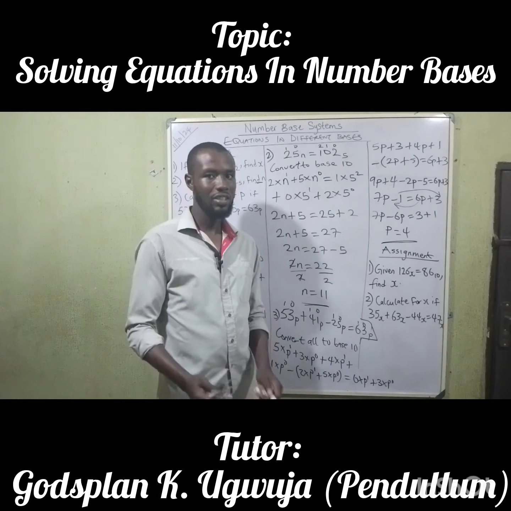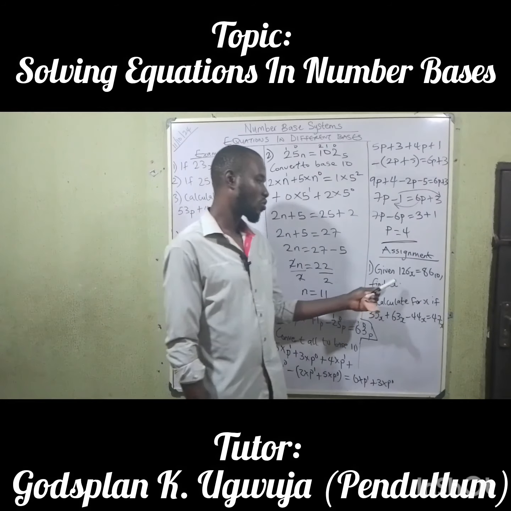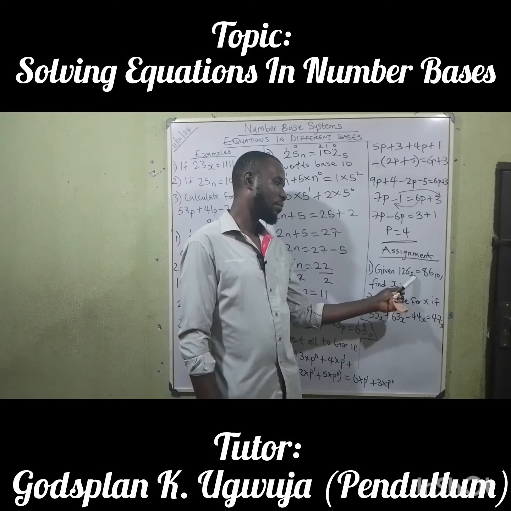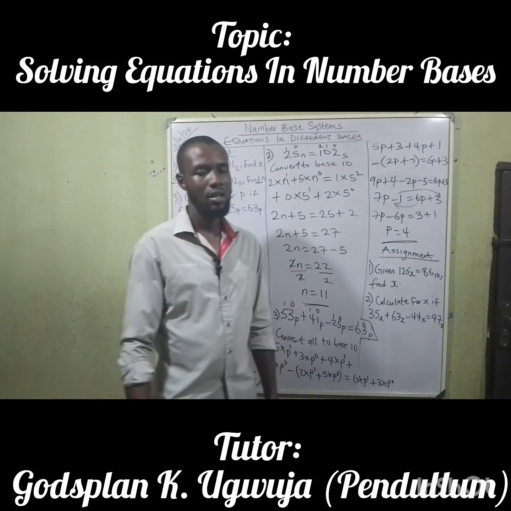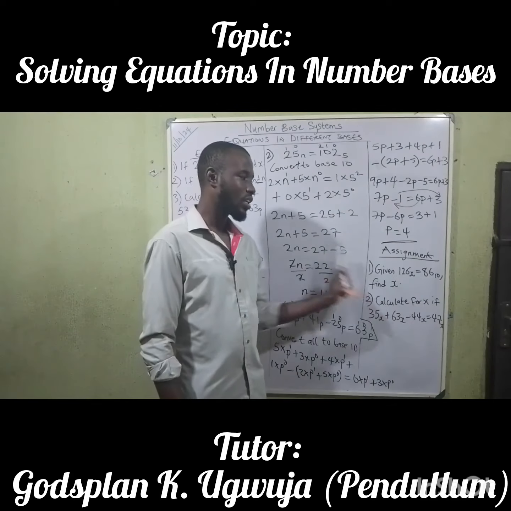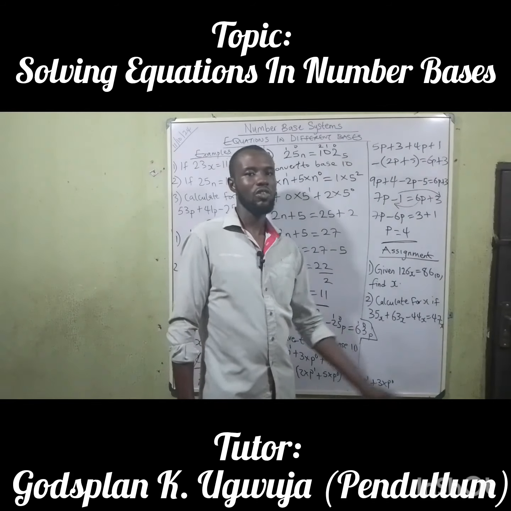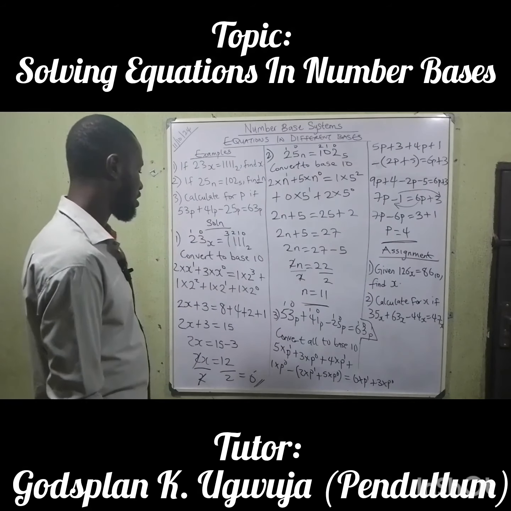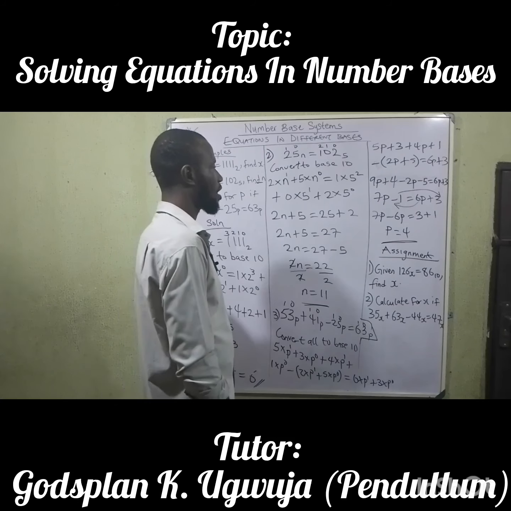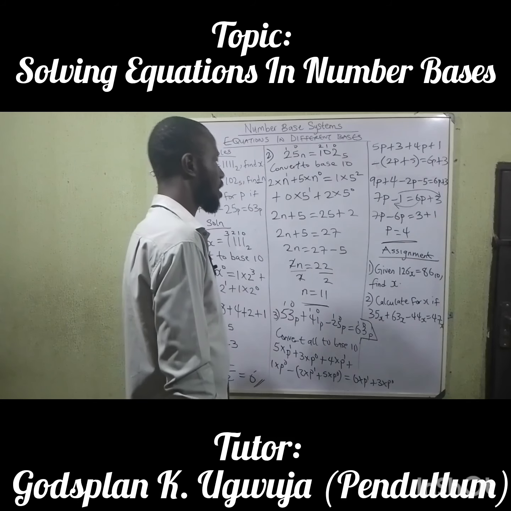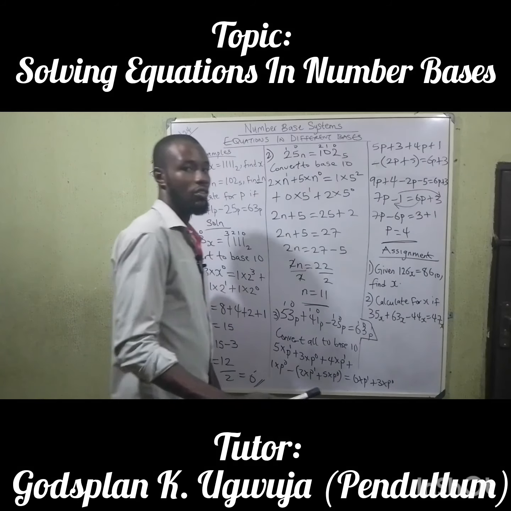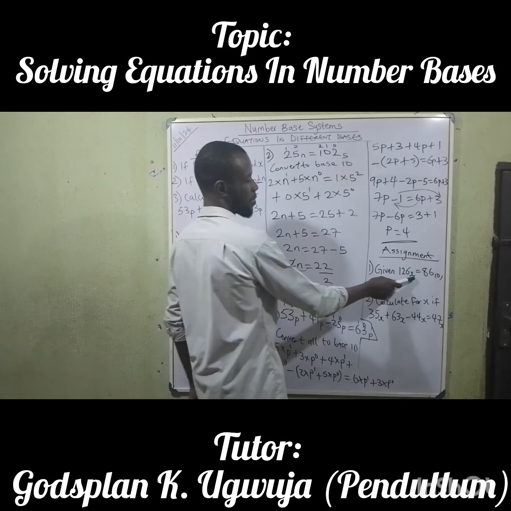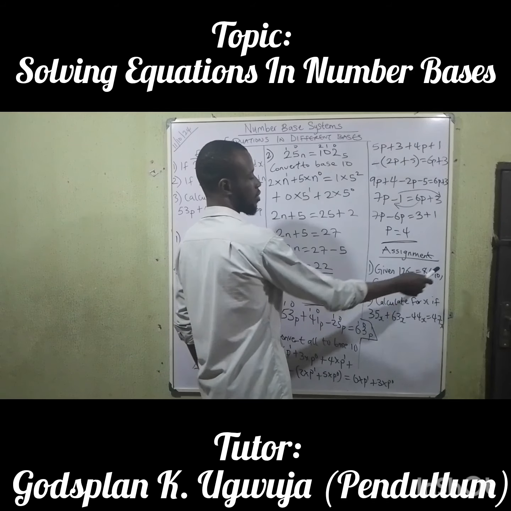The only thing you have to do is convert 126 in base x to base 10 by expansion. Whatever you get will be equal to 86 on the other side. You're not doing any other expansion for 86. Just expand this one, then equate it to 86.